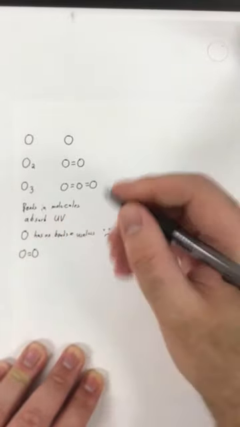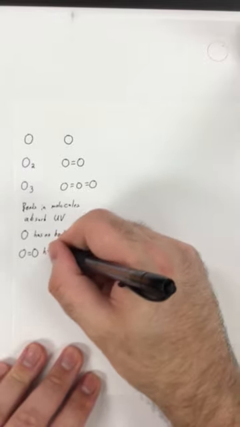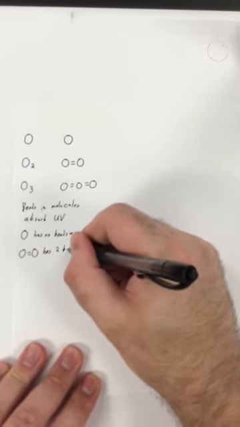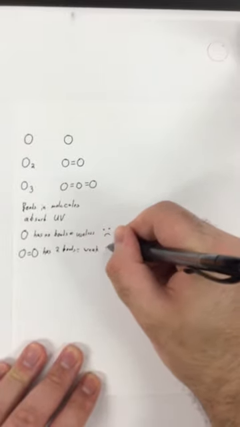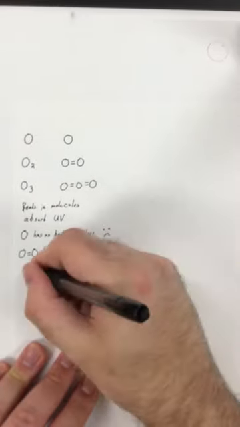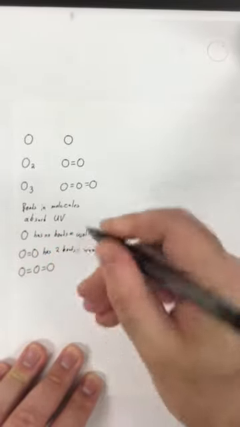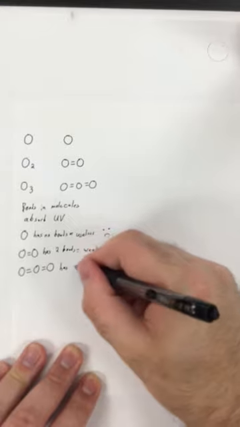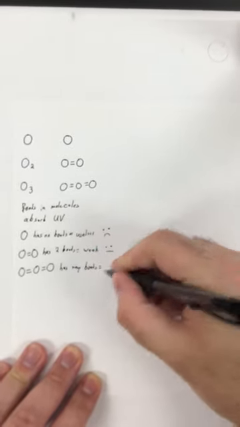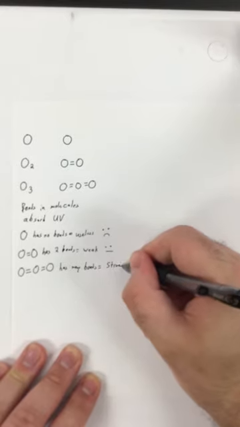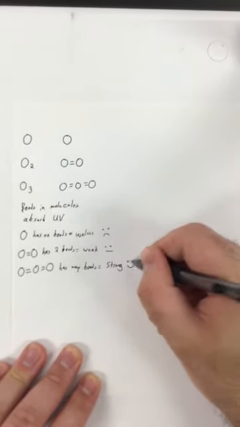O2 has 2 bonds, so it's not useless, but it's weak. Neutral face. Ozone, on the other hand, has a lot of bonds, which means it is really strong. It can absorb lots of ultraviolet radiation, which is why we like it.